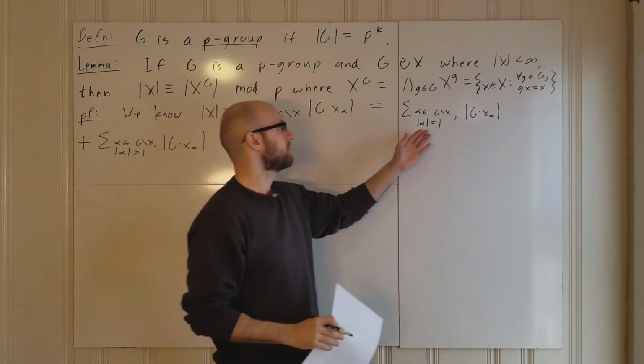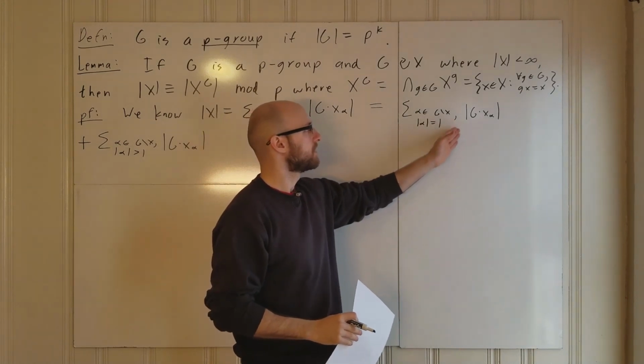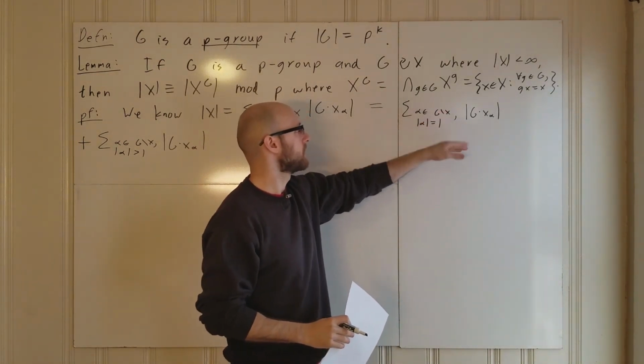Okay, if the orbit has size 1, then this is just the number of orbits in this set.